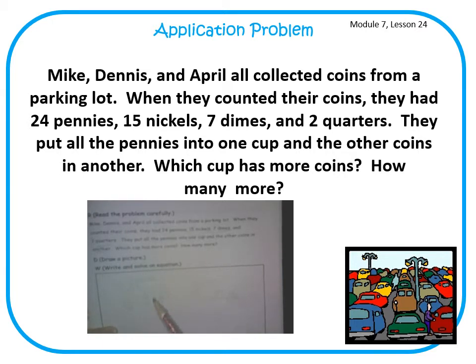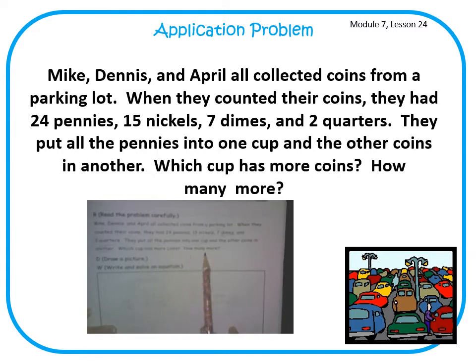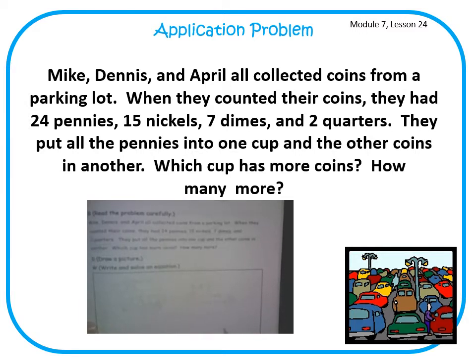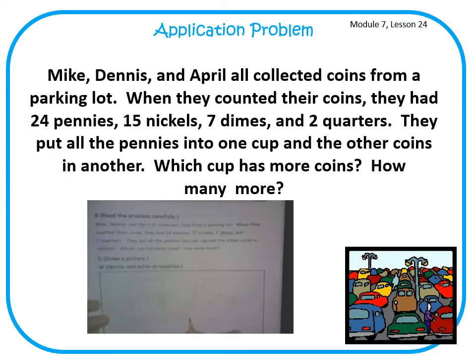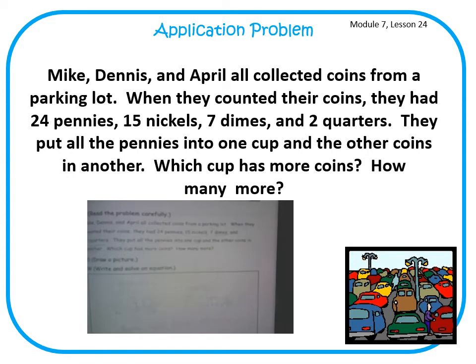They both have the same, right? And how many more? Well, not many more because they are both equal. So our sentence can say both cups have 24 coins. And we're done.